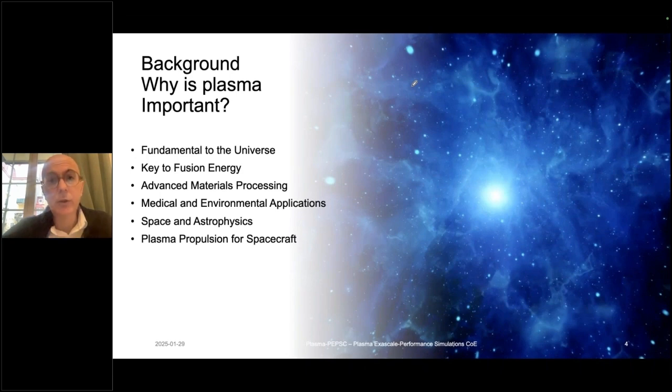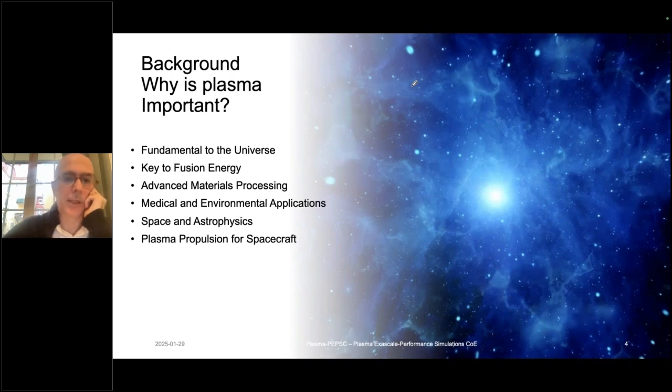We need to create a plasma, then heat it up, to be in a position of having fusion energy in a confined environment. It is also key for advancing materials processing, for instance, for chip production, for etching.